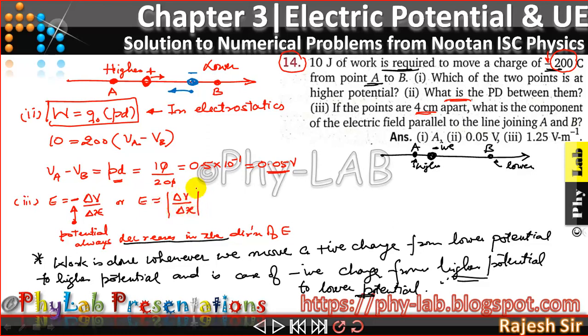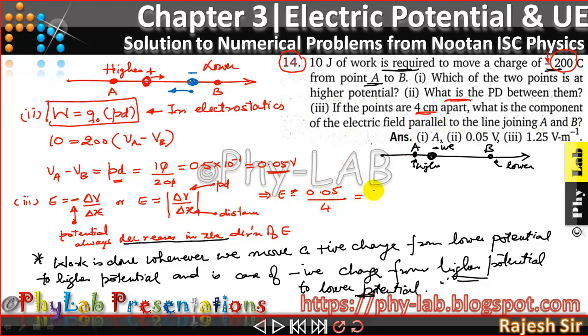Now what is delta V in this expression? Delta V stands for potential difference. What is delta X? Distance between those 2 points. So the question asks me to find out the electric field. So E will be, what is the potential difference between those 2 points? That happens to be 0.05 volt. And what is the distance of separation between those 2 points? That happens to be 4 centimeter.